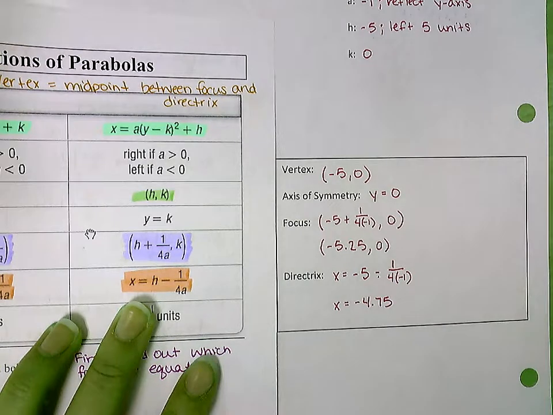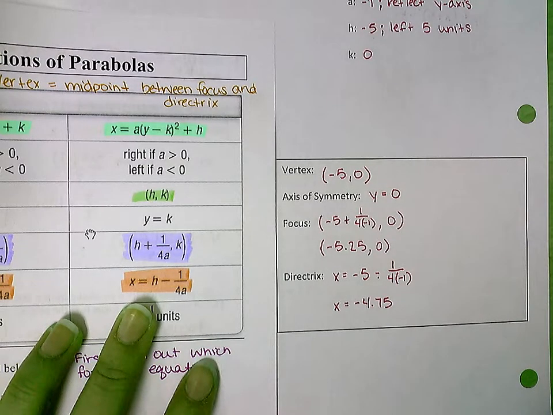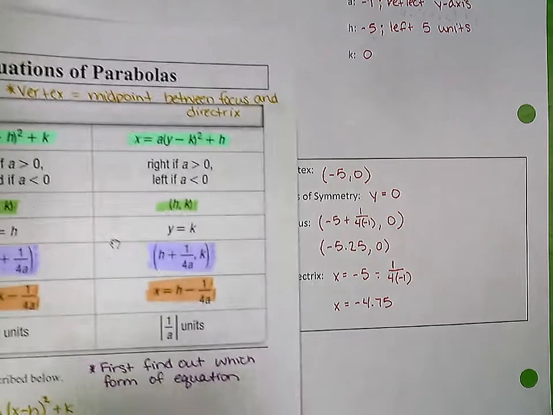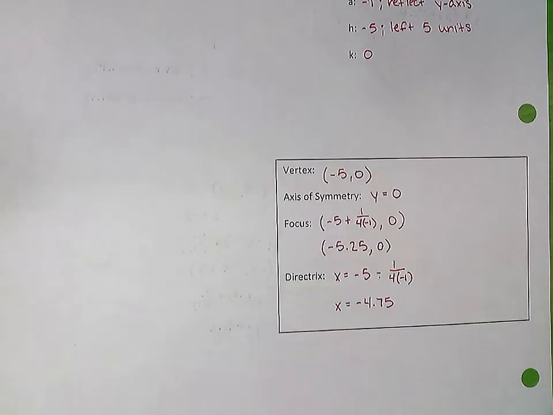So we have x is equal to -4.75. So again, same process. You just have to first put your equation into standard form. So it's just one extra step before you graph.